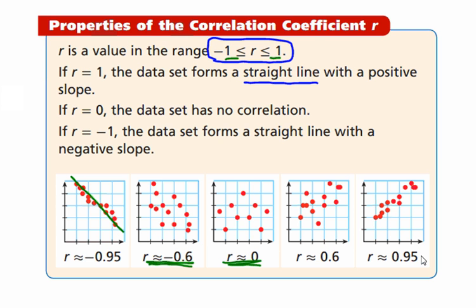And again, here's one that's kind of together, but they're quite a ways away from what might be a line of best fit. That gives you an R value of 0.6. And this is very much like the first example, except now we have a positive slope, so that puts the R closer to 1. So that's pretty good as far as the correlation between those two variables.